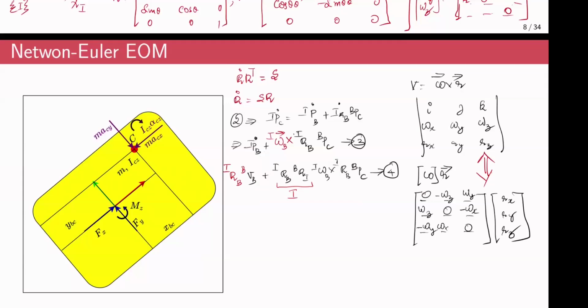So like I'll take this rotation matrix common from all of these terms. What will I get? So I'll take it as common.